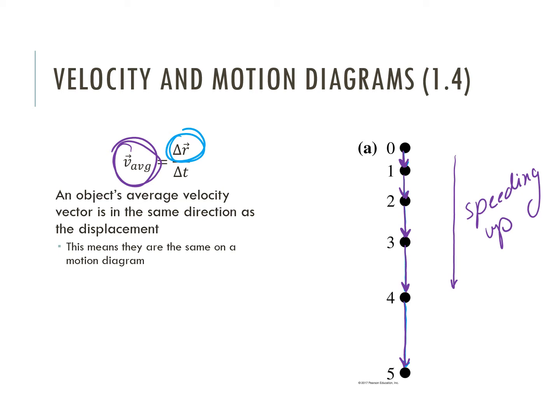The velocity aspect that's different from speed is the direction. So here we are speeding up in the negative y direction. So the speeding up changes our scalar value, while by saying it's down, that is the velocity component, the direction component being added to our motion diagram.